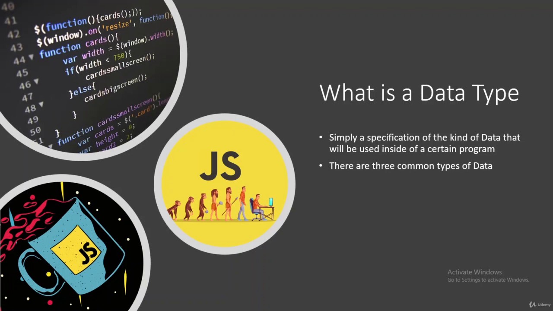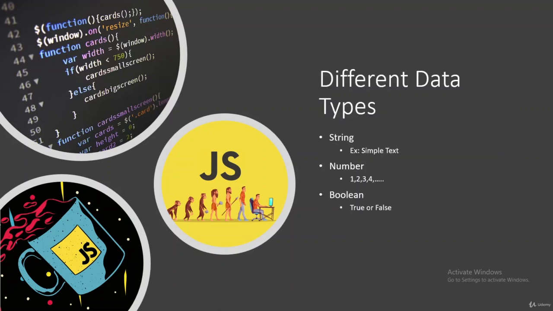There are three common data types that exist. So what exactly are those three data types? The first data type that we have is the string. A string is simply a text. In other words, when you write down a text, it's going to be a string data type. You can also have numbers that are strings.